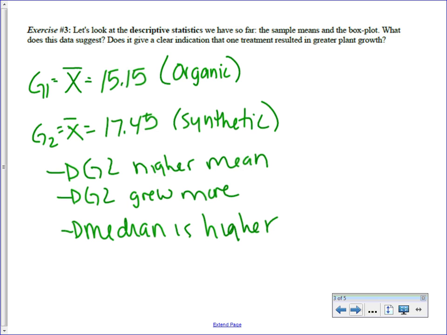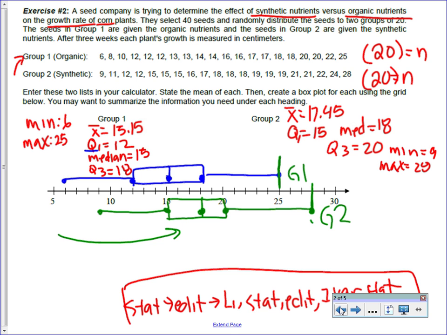Okay, one thing though is it doesn't give a clear picture because there were definitely plants that grew more with the organic fertilizer than some that grew with the synthetic fertilizer. So here's what we mean by that. Let's just pick a number like this number right here. Whatever plant that received the organic fertilizer grew to 15 centimeters.